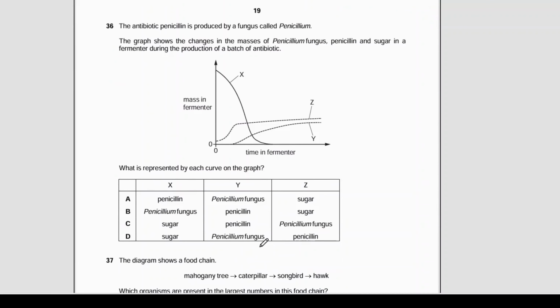The antibiotic penicillin is formed from a fungus called Penicillium. The mass in the fermenter decreases, something increases. What are these? What decreases in the fermenter? The nutrient, the sugar would. And what would increase at Z and Y?